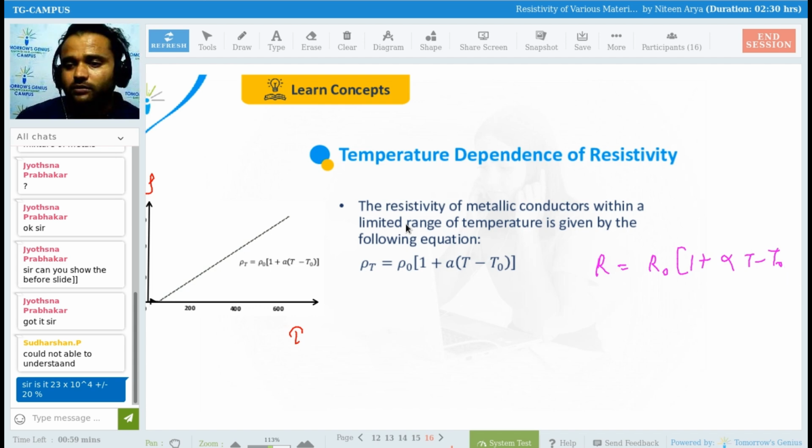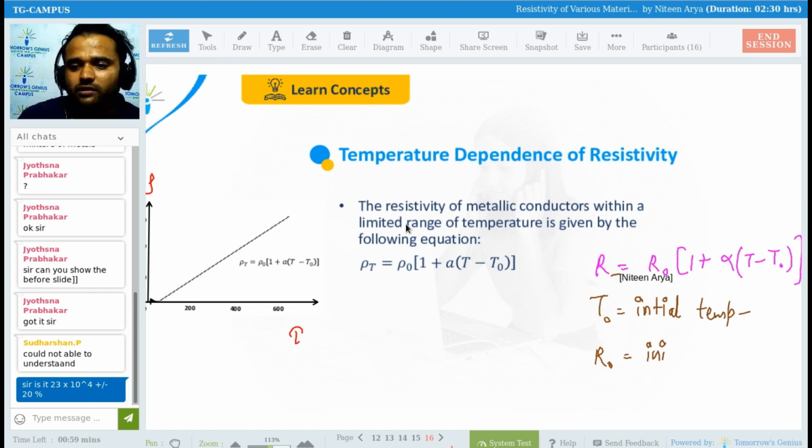Initial temperature, or temperature at starting time 0 seconds. And what is R naught? Resistance at initial temperature, the initial resistance, and then it is going to be RT.